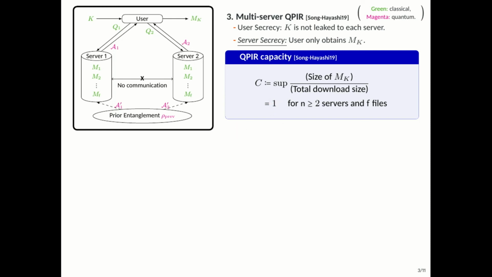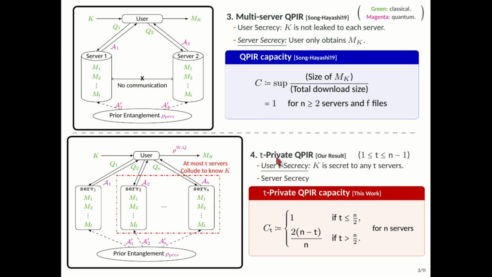In today's talk, we extend these results to the T-private QPIR. One critical weakness of the multi-server PIR is the restriction of no communication between the servers. So in T-private QPIR, we allow at most T servers to communicate and collude to know what is the K. So some of the servers may communicate.